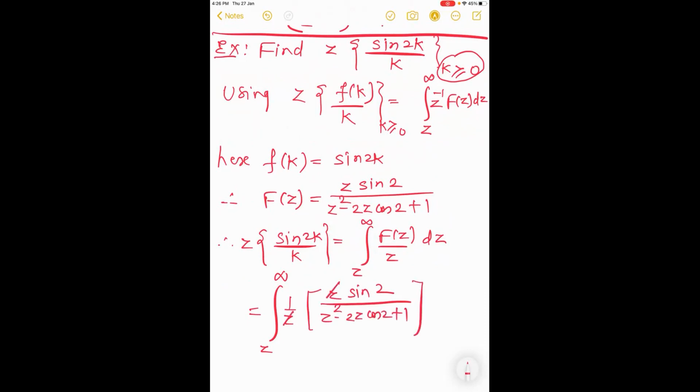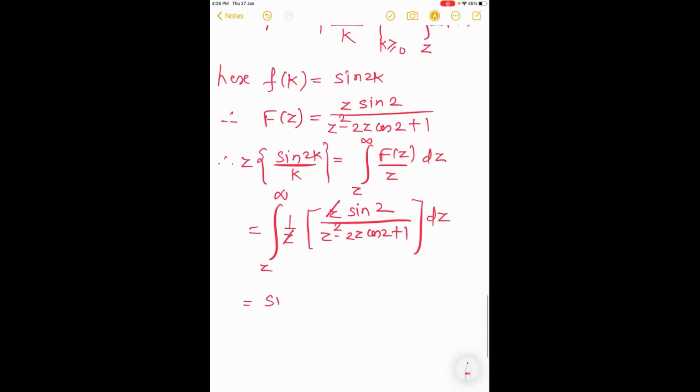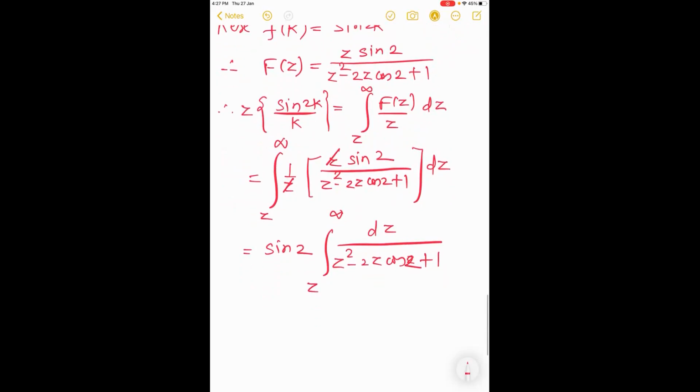So this z and z are getting cancelled. Sine 2 is anyway a constant, which you can keep outside the integral, and we'll get dz upon z square minus 2z cos 2 plus 1, which is to be simplified.